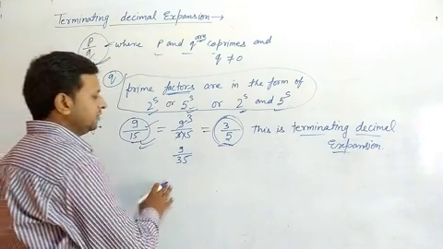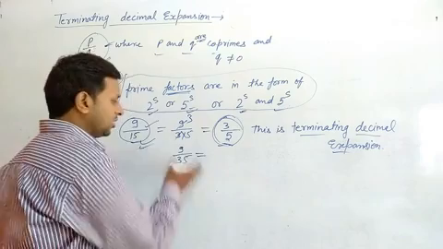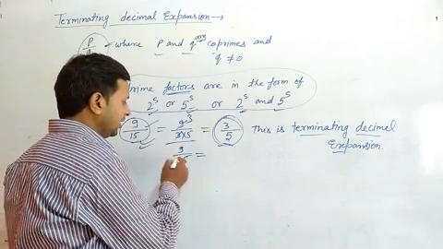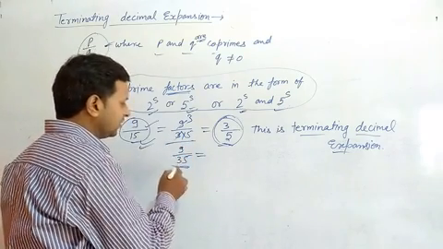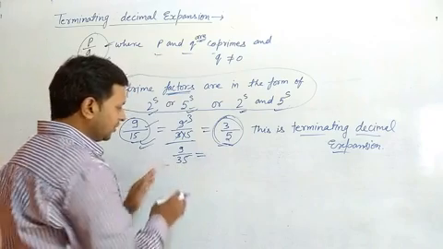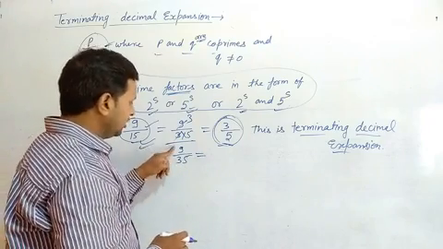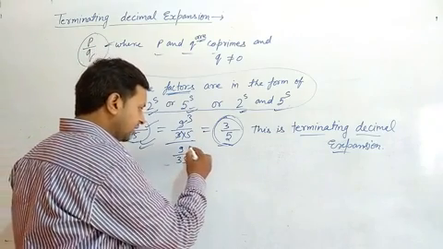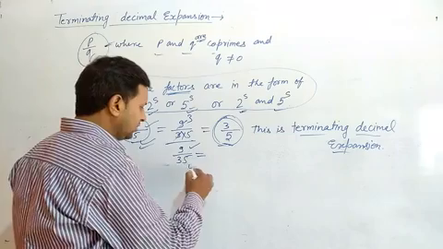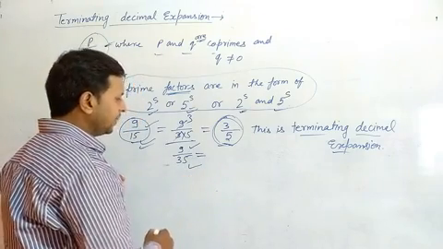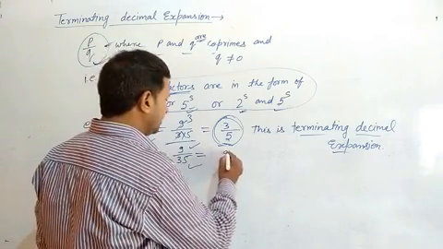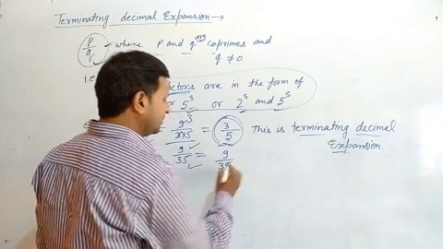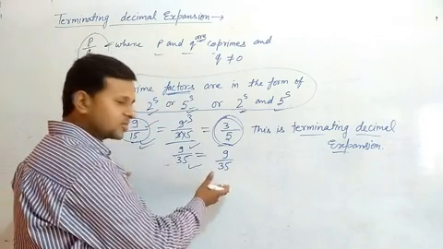We have to convert it into simplest form. But there will be no common factor between numerator and denominator. There will be no common factor in numerator and denominator. Okay, so we can say that it is already in its simplest form.